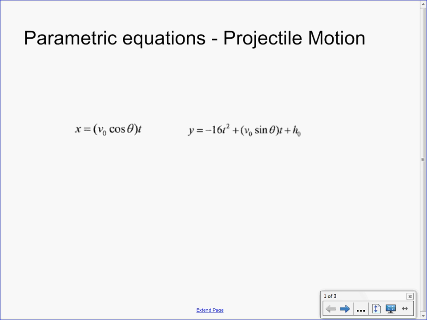What's the V? Okay, V sub 0, we also call it V naught. Initial velocity. All right. Now, what is T? Okay, time.